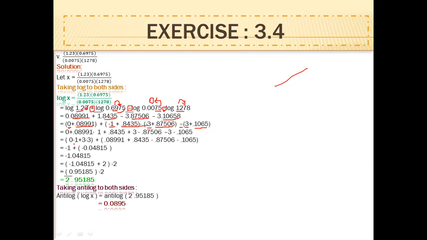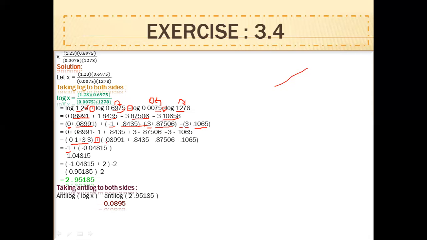We write all the characteristics in one bracket and all the mantissas in the other bracket and there must be a positive sign in between these two brackets. Characteristics are 0, minus 1, plus 3, minus 3. After the simplification, the characteristic becomes minus 1.